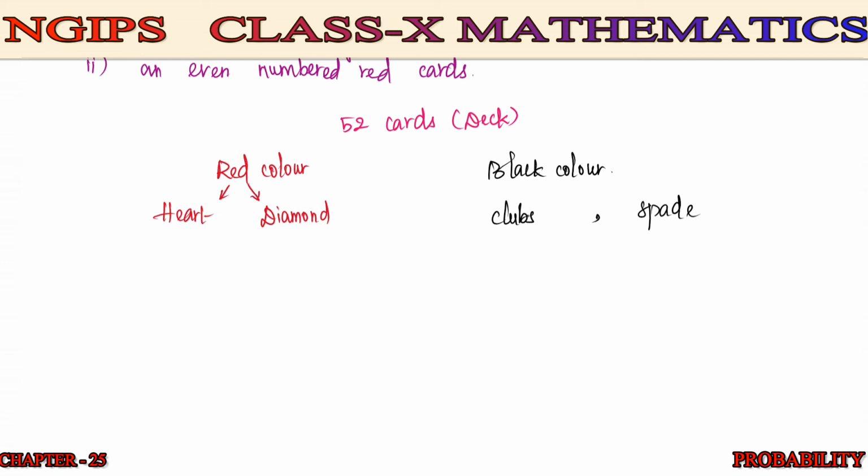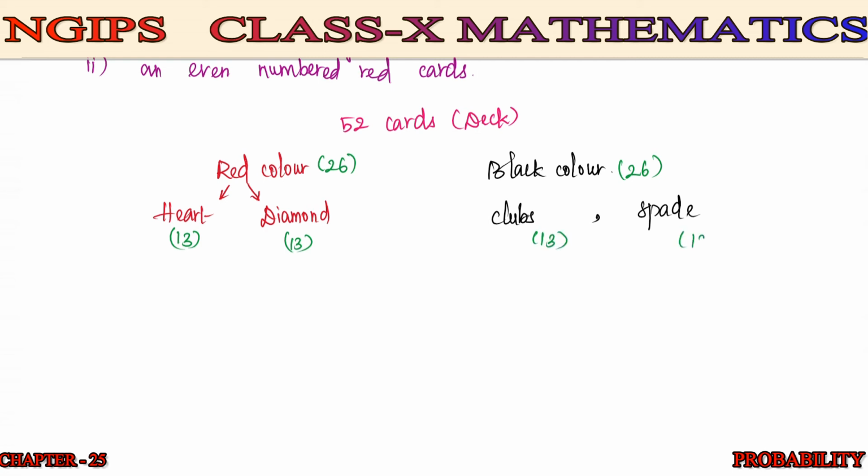Now if you look at this, totally 52 cards. Red cards are 26, and black color cards are 26. Again this 26 is divided into 13 cards heart and 13 diamond. Again club we have 13 cards, and spade also we have 13 cards.